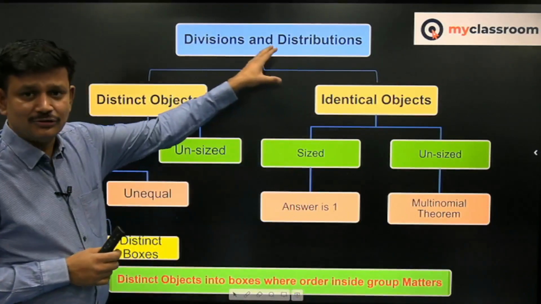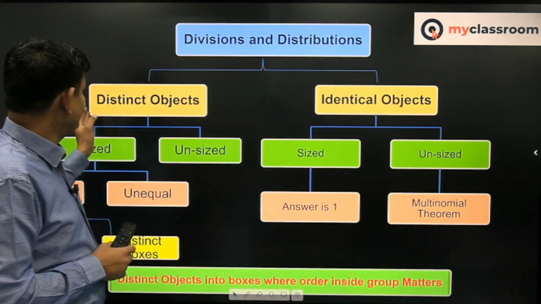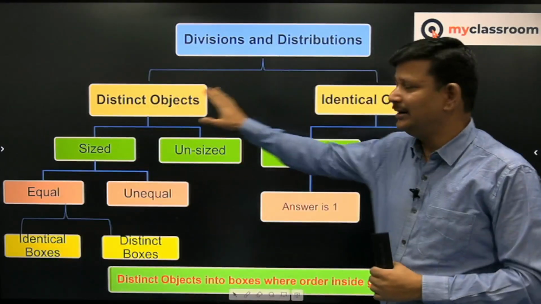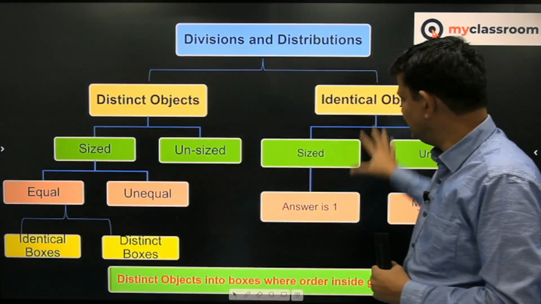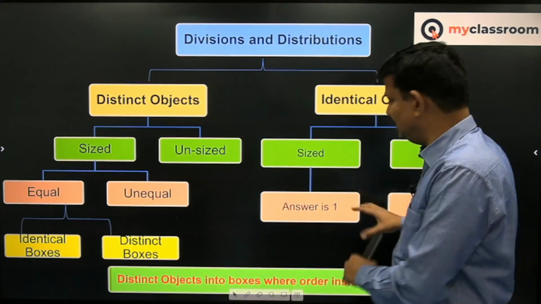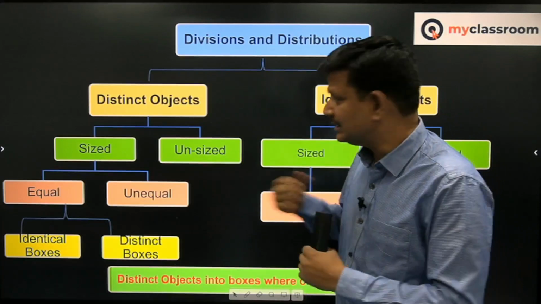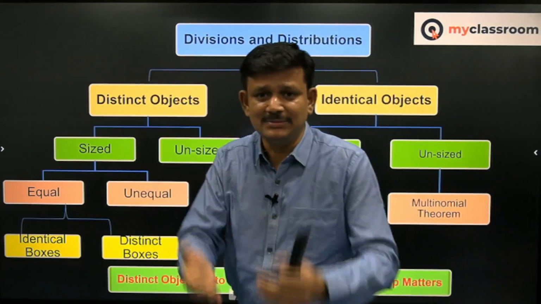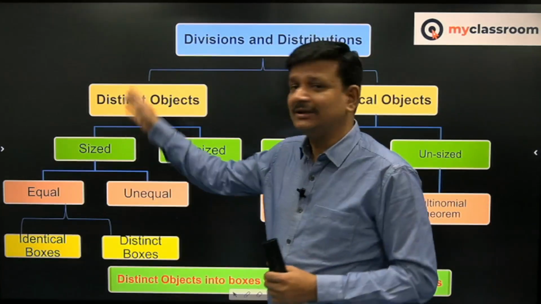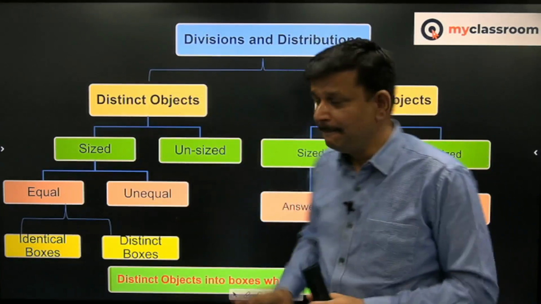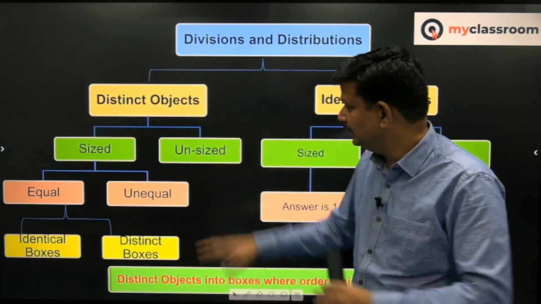Whenever you are having a question on distribution and division, you have to look at 2 things: whether the objects are identical or distinct. Most of the identical case will come under the multinomial theorem. I will deal with it later in the next video. Distinct things: whenever you have distinct things, the next immediate question you have to ask is whether the sizes are given in the question or not given. Not given, absolutely fine.